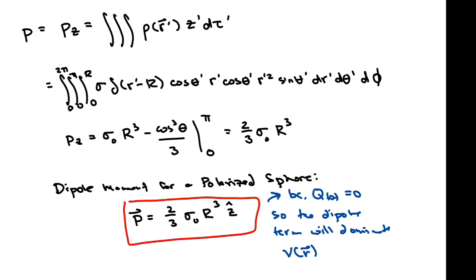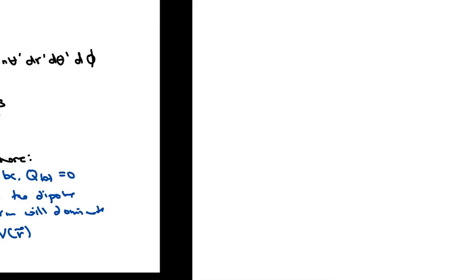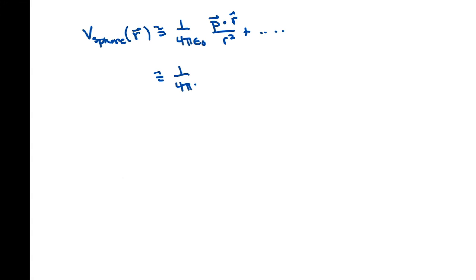That first term, the leading term, is going to be 0 because it has Q total in it, and Q total is 0. So our potential for the sphere, I can approximate as being equal to the next term, which looks like the dipole moment divided by r squared, plus other stuff. Since I actually know what the dipole moment is, I can write that as what I just found times z hat dotted with r hat.